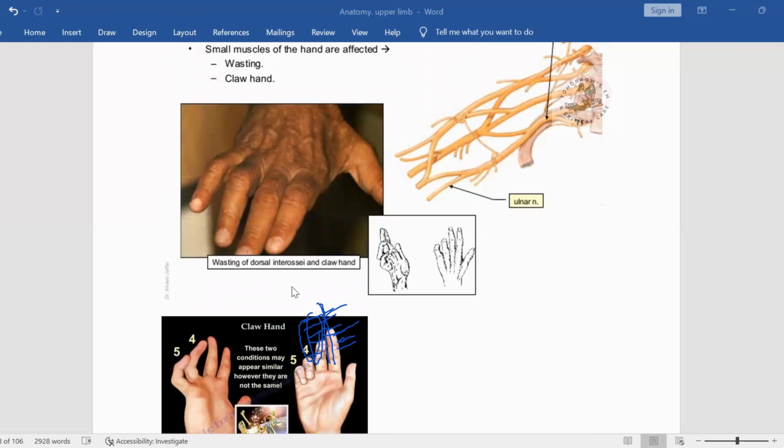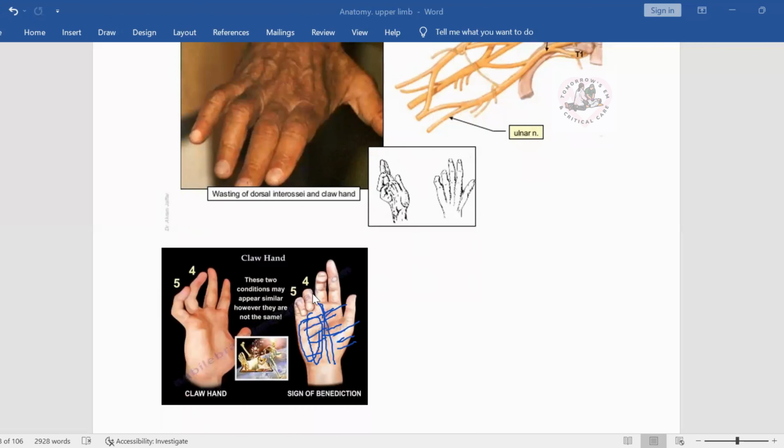If there is compression or fracture in the mid or upper arm, that means a proximal lesion of the median nerve, proximal meaning upper, you will get this sign, the sign of benediction. For the ulnar nerve, a distal lesion, that means a lesion in the lower forearm, you will get this sort of claw hand. Clear? That means paralysis of this portion.